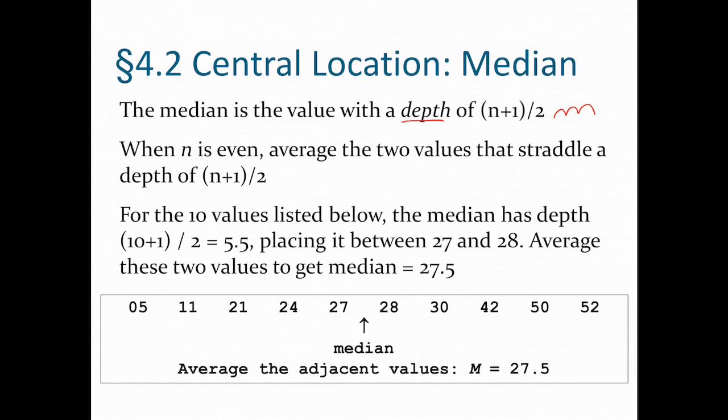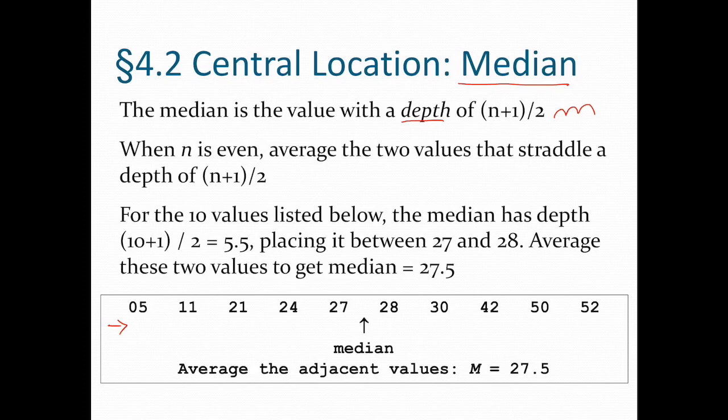So once again, first thing you have to know is anytime you're finding the median, you have to make sure these are in order. If they're not in order, you can't find the median value. So we take our 10 values and we place them in ascending order, which they are now, and then we have to find the median, it's the middle value. So in order to find the middle value, you have to find how deep into the data set we have to go.